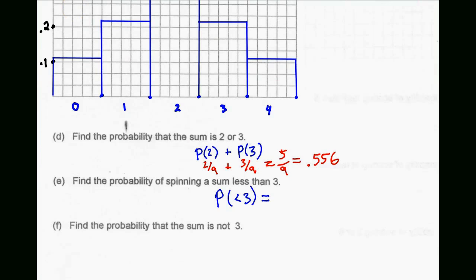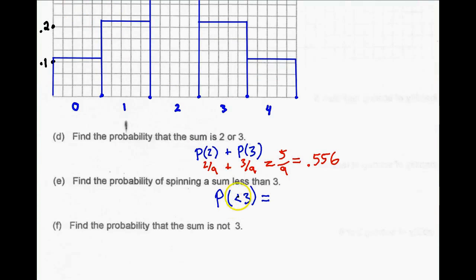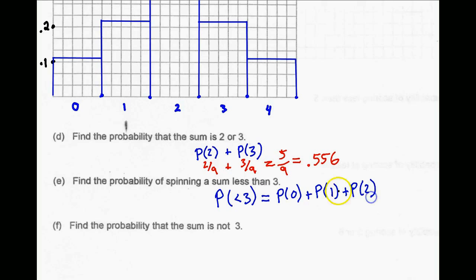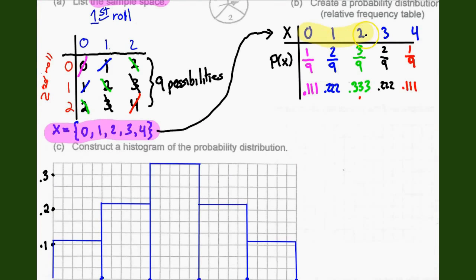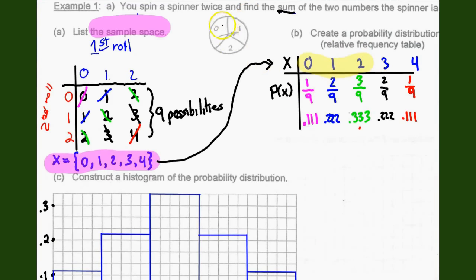So to find everything less than 3, it's going to be the probability of 0 plus the probability of 1 plus the probability of 2. And this is why you want to look at the sample space, because what if we're talking about, instead of a spinner, a dice, like a die?